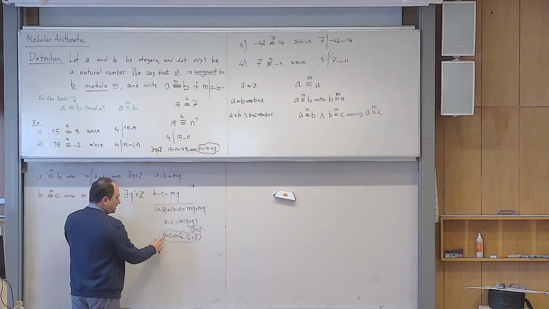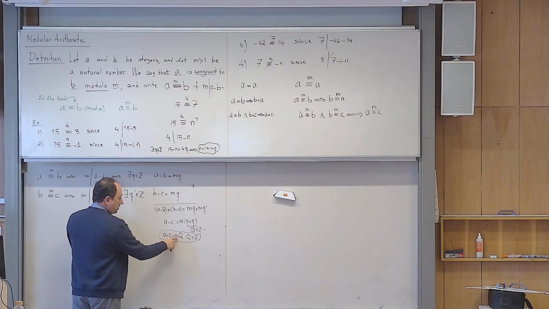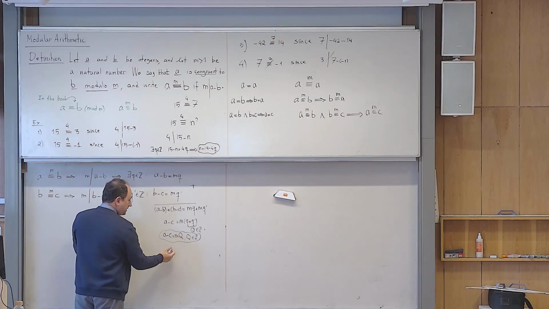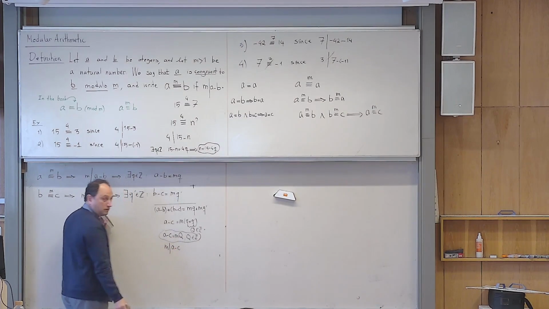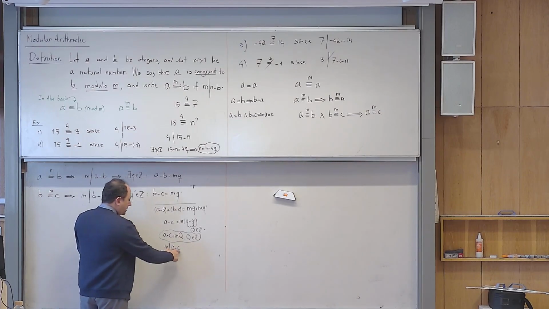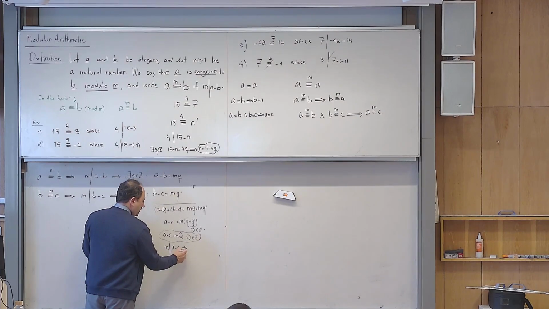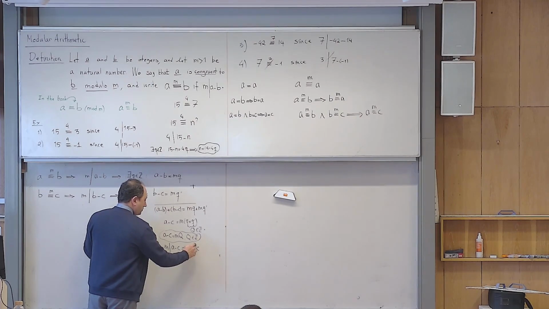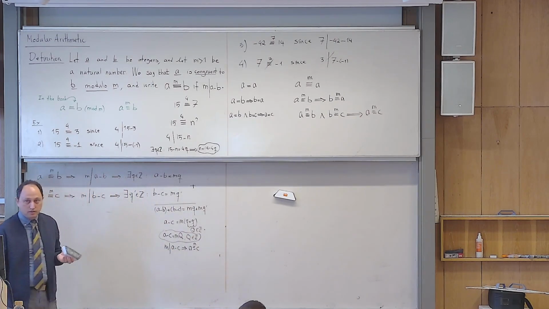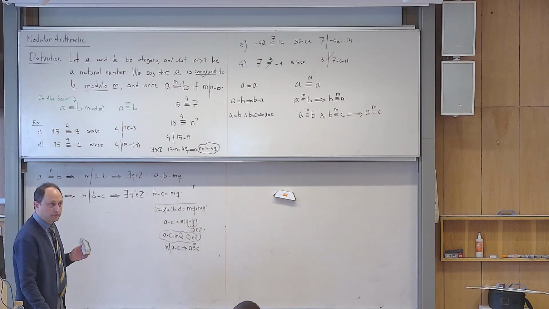This means that this number is a multiple of M, an integer multiple of M. So it means A minus C is divisible by M. Yes? But A minus C divisible by M means what? Means A is congruent to C modulo M. Yes? Understandable or not? Yes?